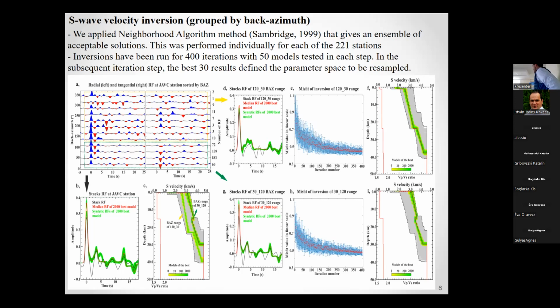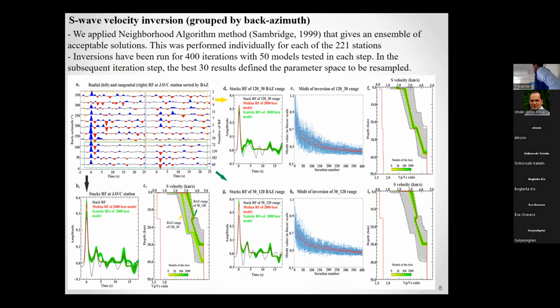However, in an example at the GLV6 station, which is located in the Bohemian Massif, you can see the radial receiver function here, and the Ps is changing, and of course the tangential component is also changing. Therefore, we use two different stacks beneath one station, and we have two different results beneath one station.